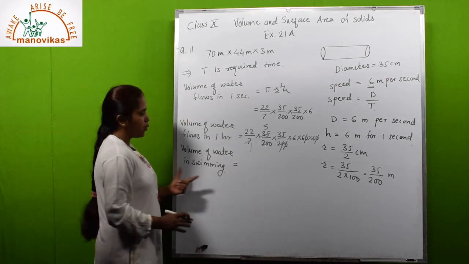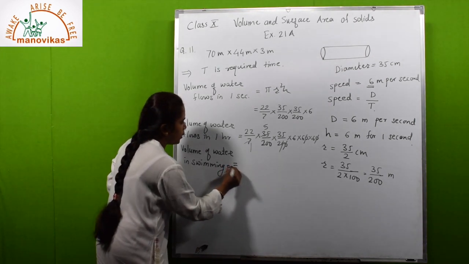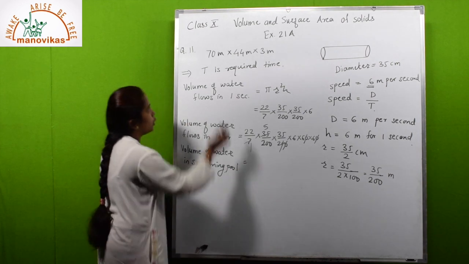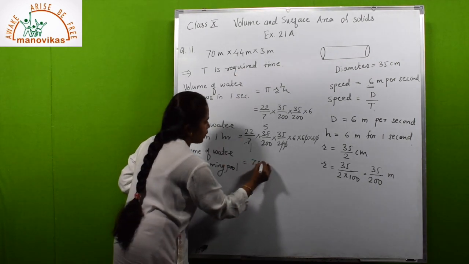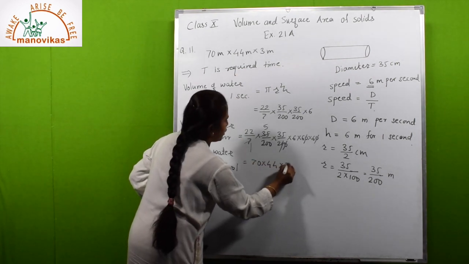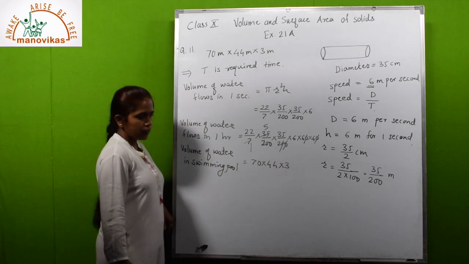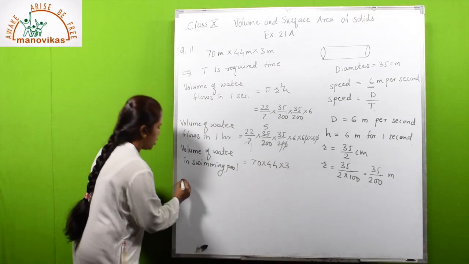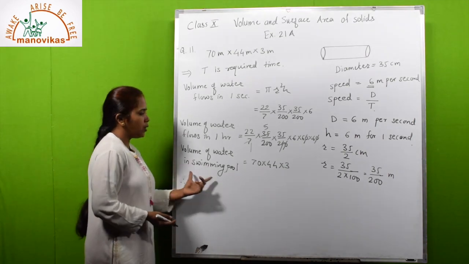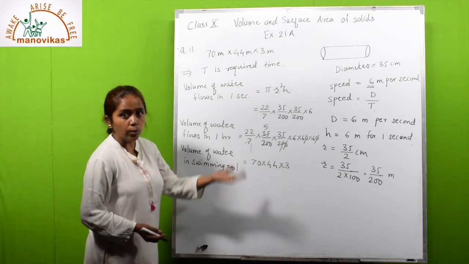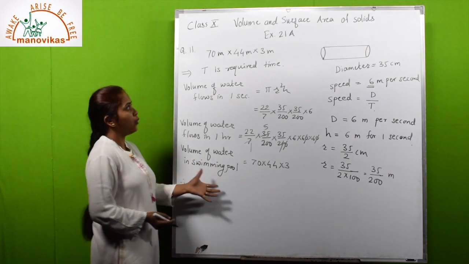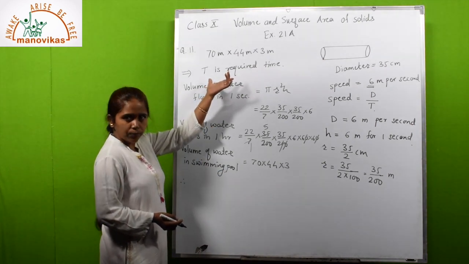The volume of water in the swimming pool is equal to the dimensions given, 70 into 44 into 3. The volume of the swimming pool is nothing but the volume of water that flows in this T hours time.